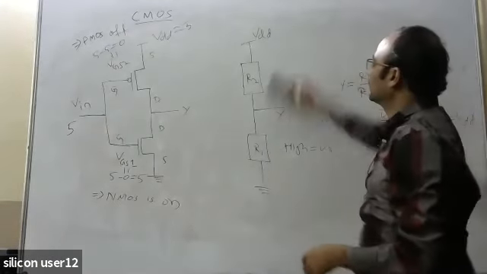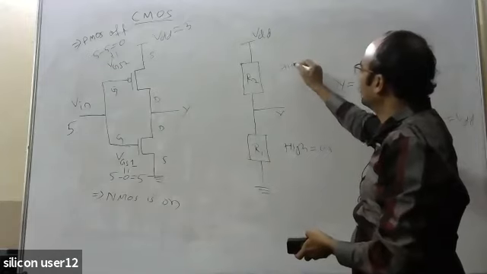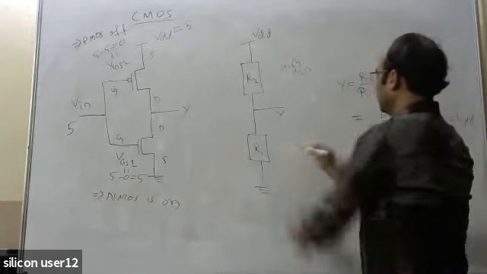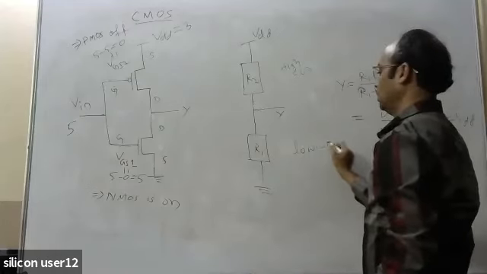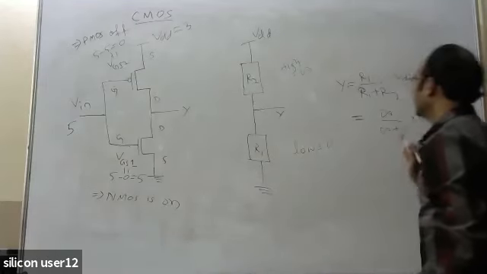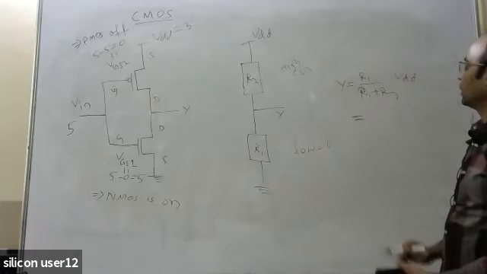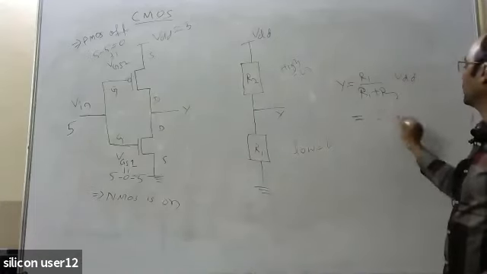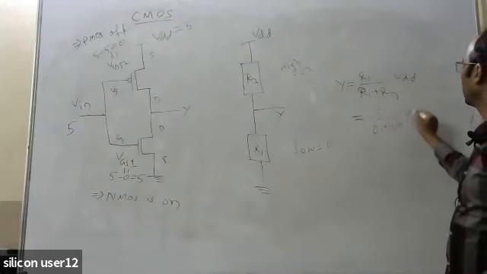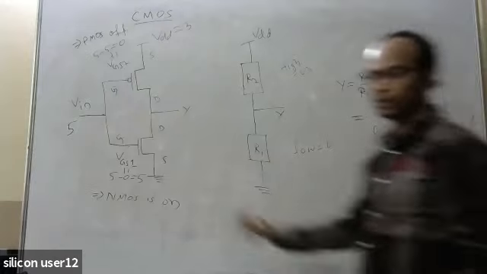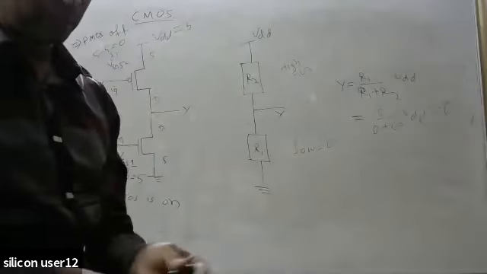Its resistance is infinite or high, and the other resistance is low, or equal to 0. If you put this in, then you will get 0 by 0 plus infinity into VDD, which is equal to 0. So in the input you give a high voltage, and in the output you are getting a low voltage. That is the thing we had discussed yesterday.